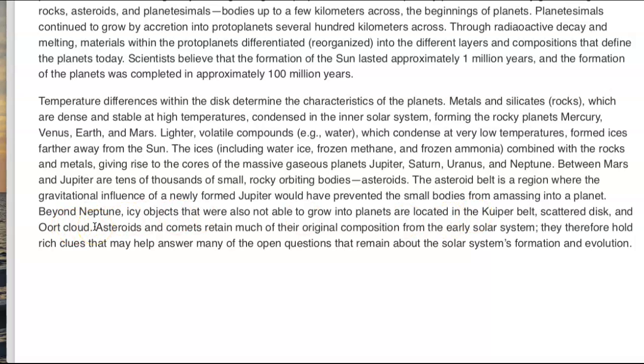We'll learn about what those are. Asteroids and comets retain much of their original composition from the early solar system. They therefore hold rich clues that may help answer many of the open questions that remain about the solar system's formation and evolution. So that is the article. It's pretty small.